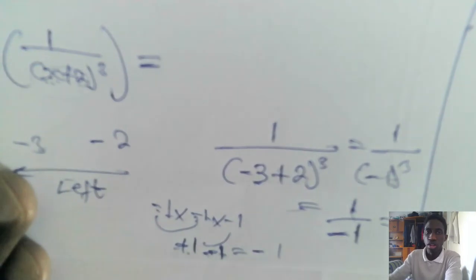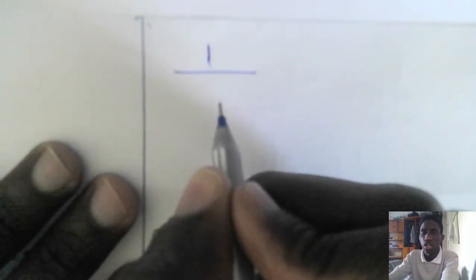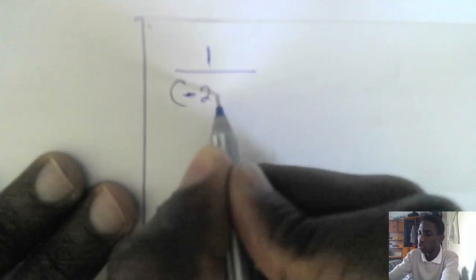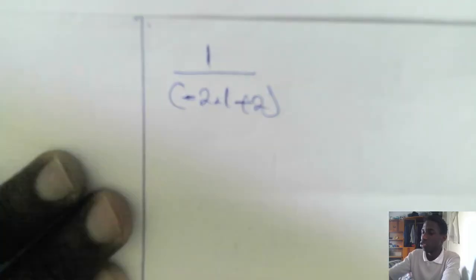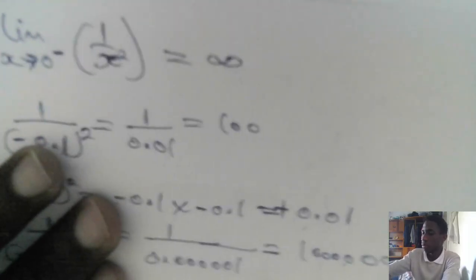So let's go smaller. We're approaching from the left, so we can put in minus 2.1. Minus 2.1 is close to minus 2, but on the left hand side. So if I put in minus 2.1, what do I get?